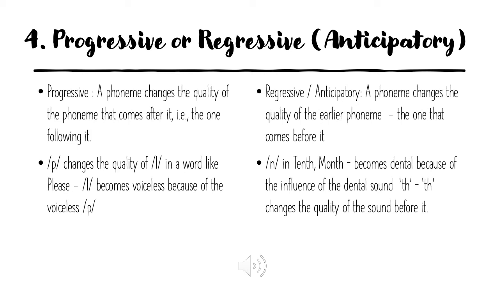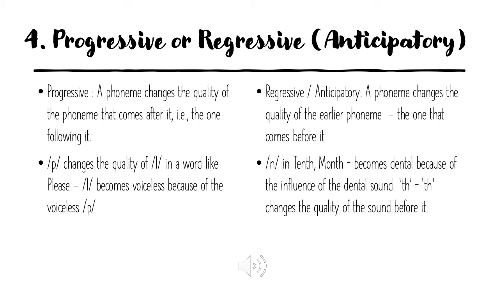So in please, the l changes from a fully voiced kind of sound to a devoiced kind of sound. Why? Because of the influence of the voiceless p. P is a voiceless plosive, and it exerts its pressure or influence on the l that comes after it. So it is a progressive change.